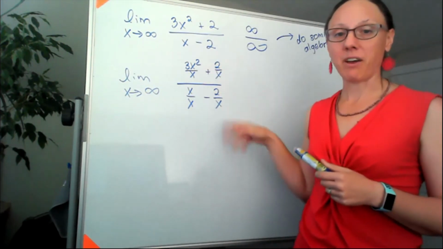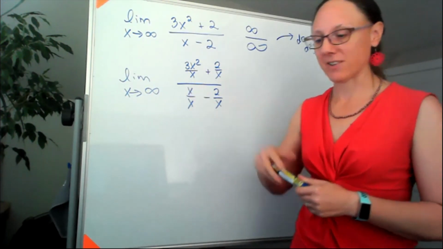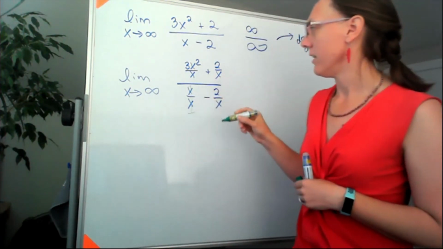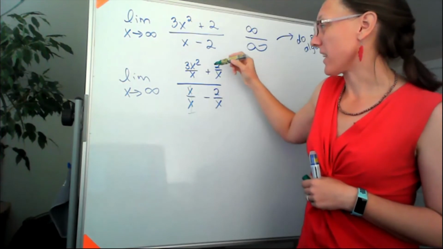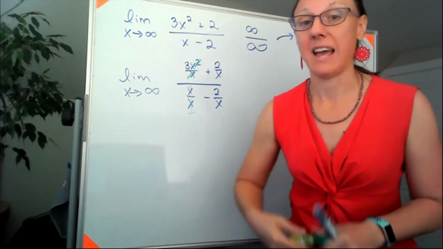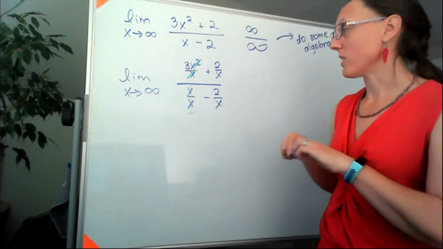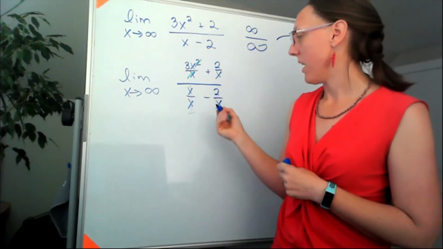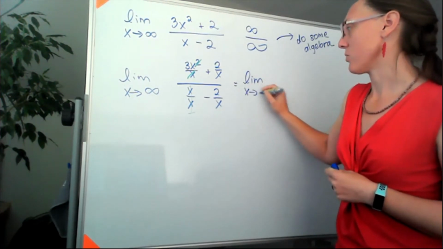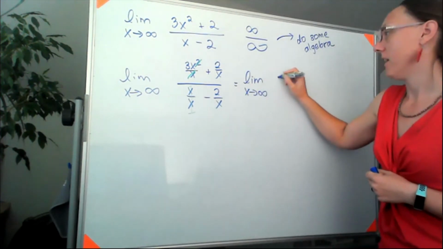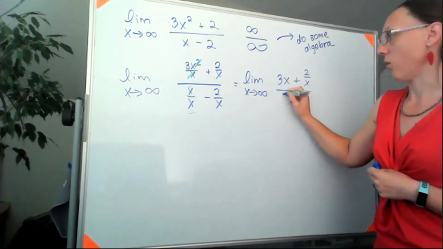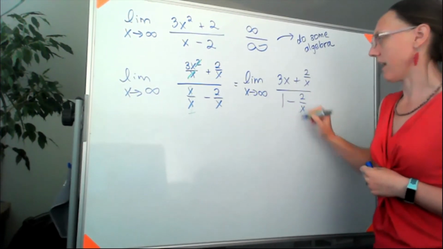Now I'm going to simplify all the terms that I can, meaning x over x, this is headed to 1, and x squared over x is going to simplify to just leave me with x. So this is the same as the limit as x approaches infinity of 3x plus 2 over x over 1 minus 2 over x.